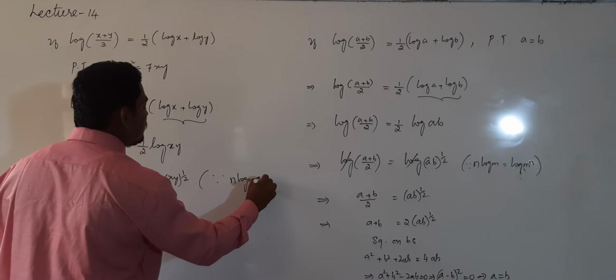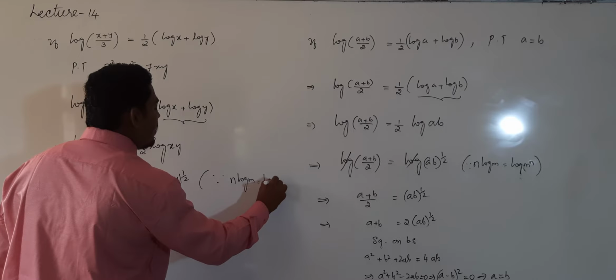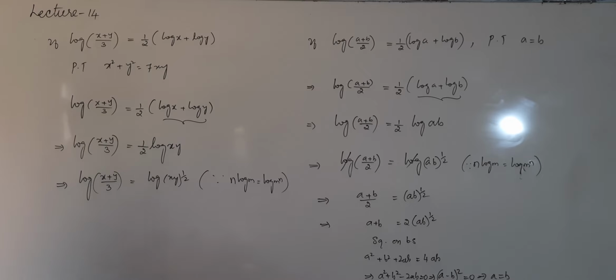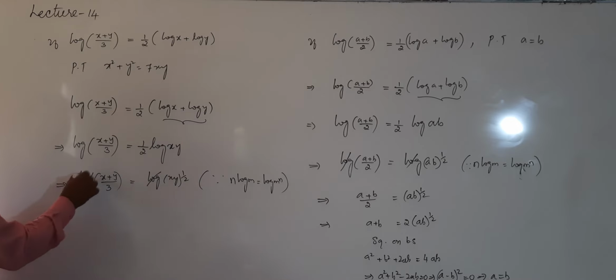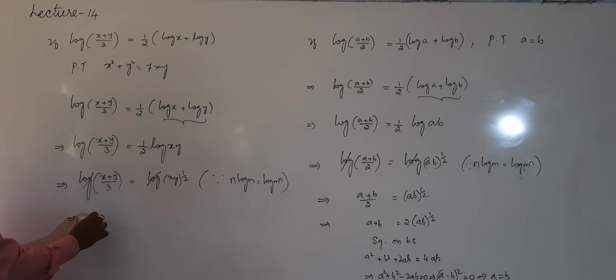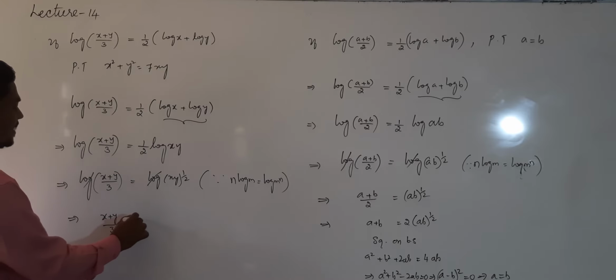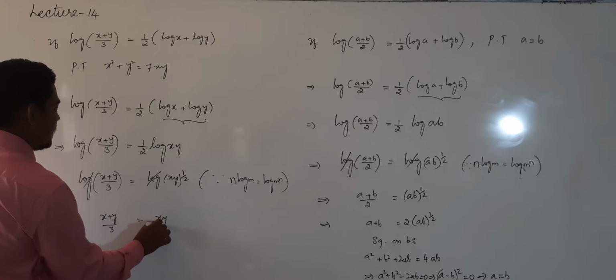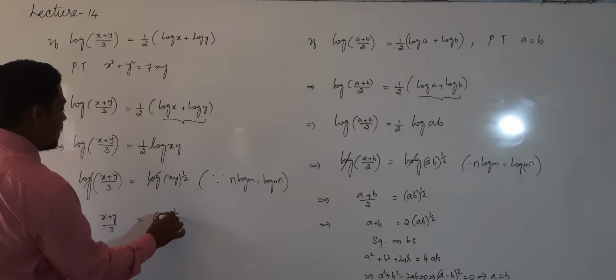N log m is equal to log of m power n. Log of m power n property. Now both the sides log will get cancelled. (x plus y) divided by 3 equal to (xy) whole thing power 1 by 2.